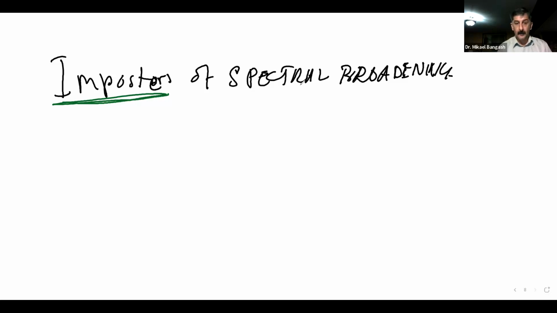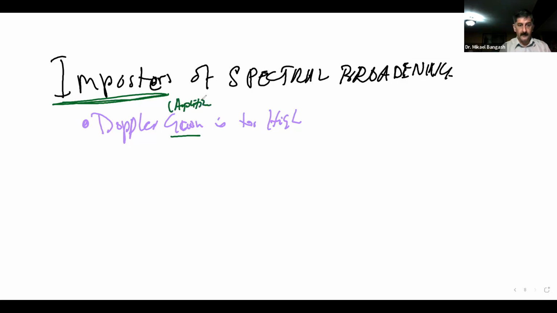Now, one reason that we may develop imposters of spectral broadening is what we just talked about, that the Doppler gain is too high. This gain here is the amplification of the Doppler signals.